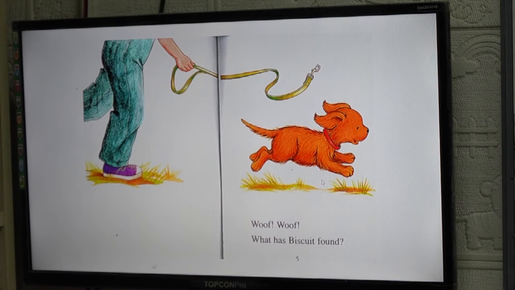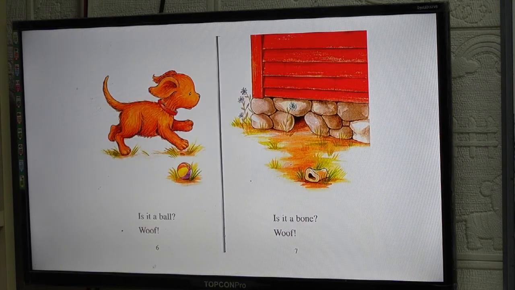So one day, Jane and Biscuit went out for a good walk on a sunny day. Biscuit saw something. What has Biscuit found that leads him to leave Jane? He got very excited. Is it a ball? Is it a bone?